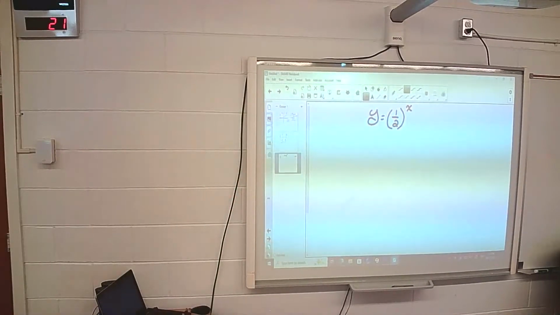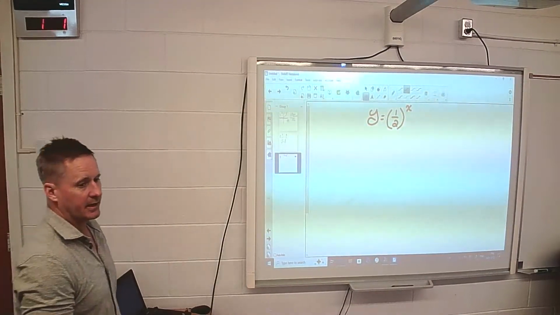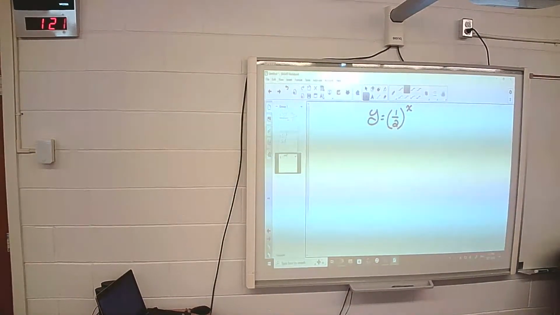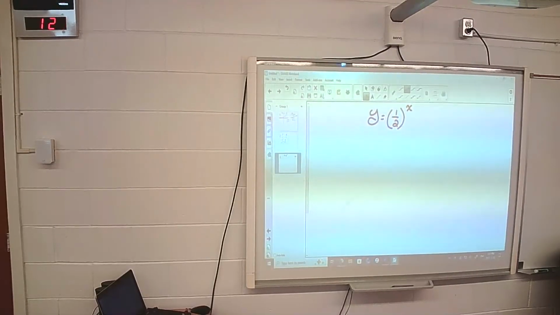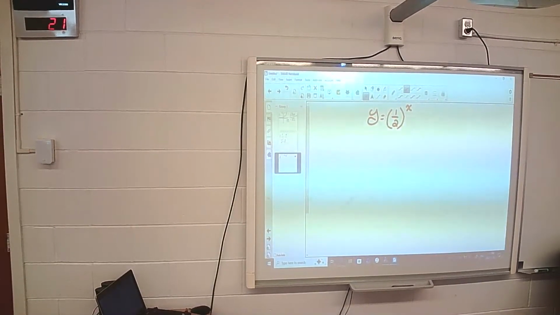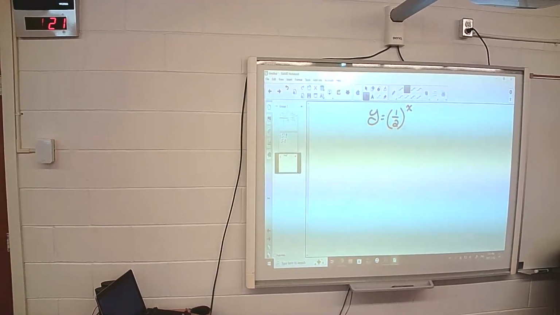What do you think happens here? Maybe decreasing instead of increasing. Okay, there's one, possibly. Anybody else? The exponent is negative. Yeah, that's exactly what she said too. Okay, so what's going to happen here?